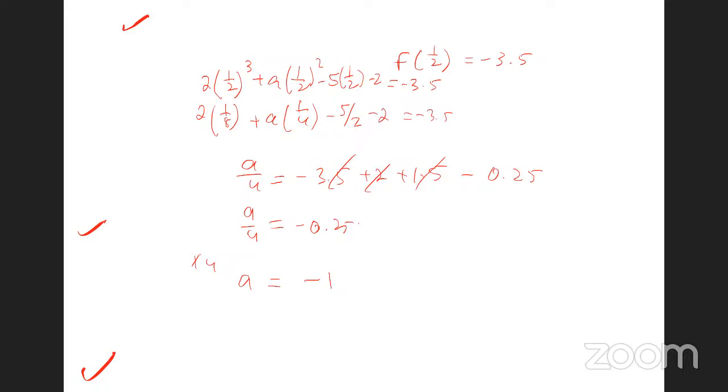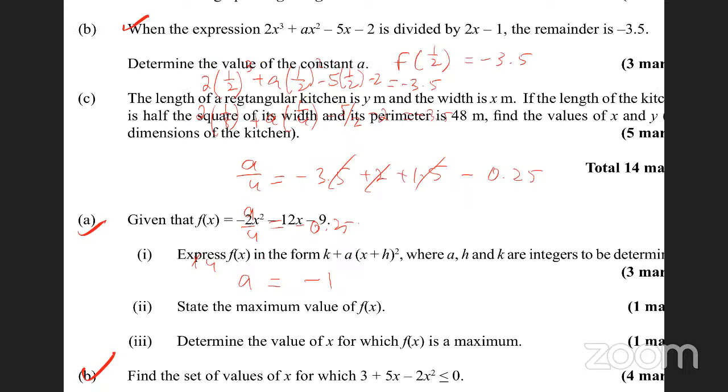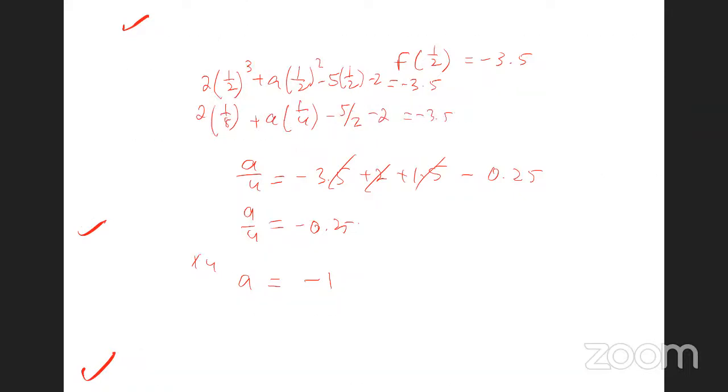All right, I need to correct thing. 2x cubed plus ax squared minus 5 by a half minus 2. Oh, 5 over 2 is, all right, I'm the wrong value there. So that's 5 over 2 is negative. That'll be plus 2.5.